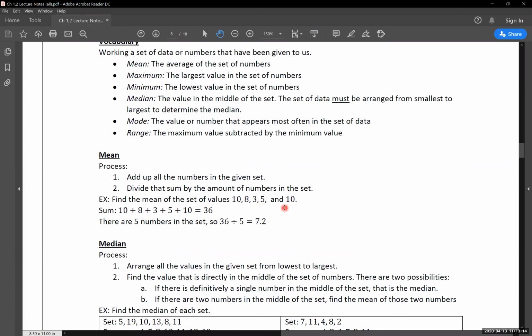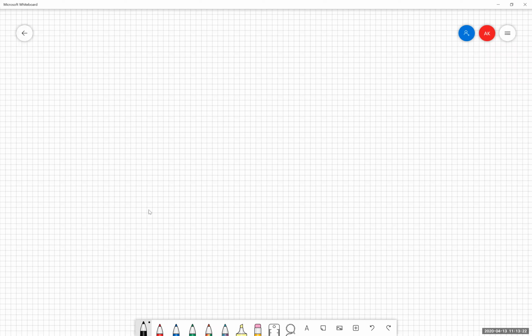Okay? So I'm going to jump us over to the whiteboard here. Referencing that same example that we just had, we're told to find the mean. I'm just relisting the numbers from the previous page: 10, 8, 3, 5, and 10.